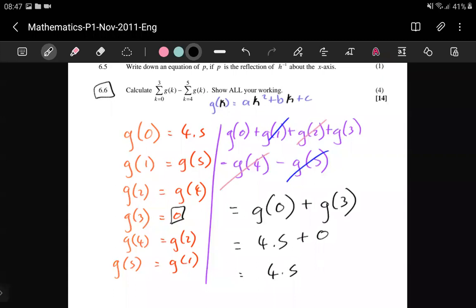So it was the fact that you had to know that G2 equals G4 and G1 equals G5.